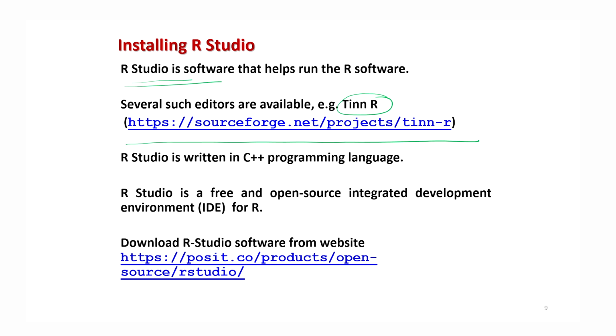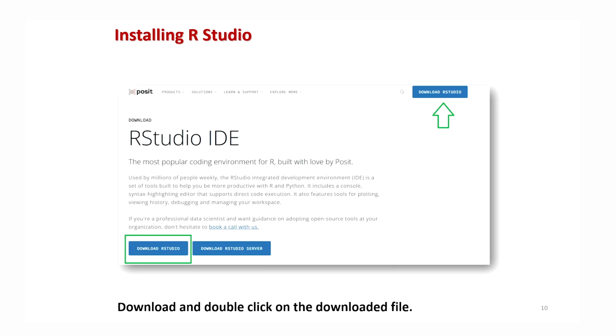Right. So R Studio is actually written in C++, and it is a free and open source integrated development environment, IDE, for R. You can download R Studio from this website. As soon as you click on it, you will get a site like this one, about the R Studio IDE. Here you can see the point, download R Studio.